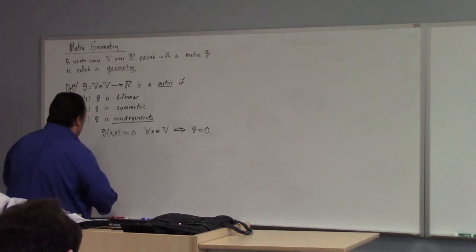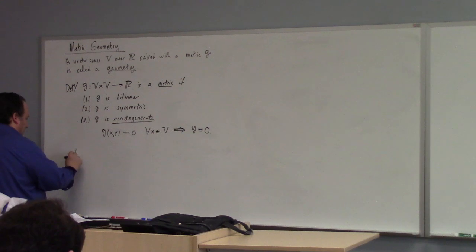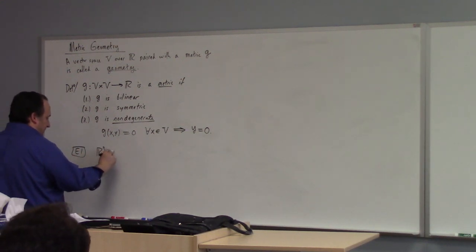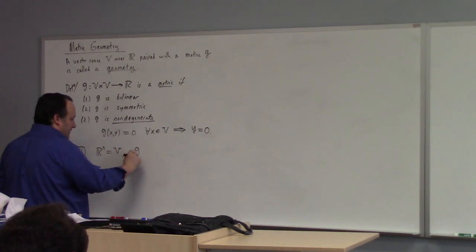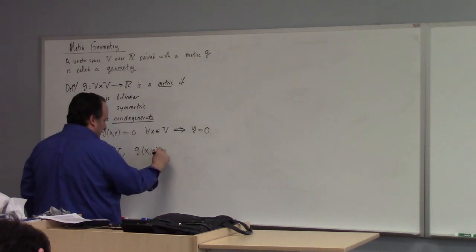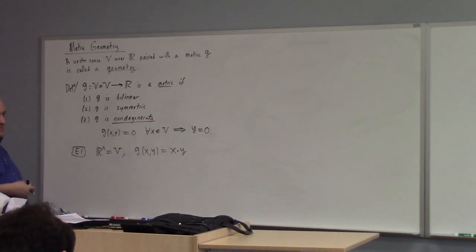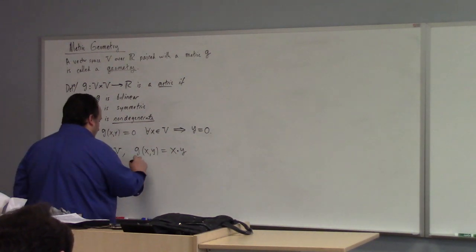So like example 1, if we let Rn be my vector space, and I let G of x, y simply be the dot product of x and y, this defines a metric. This is known as the Euclidean metric, right?